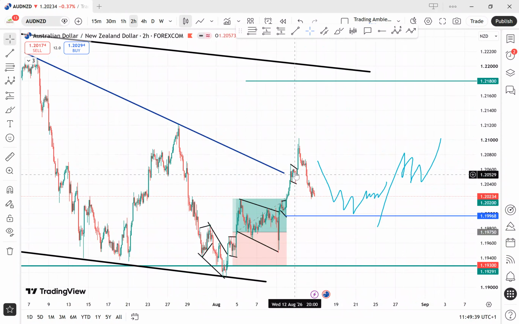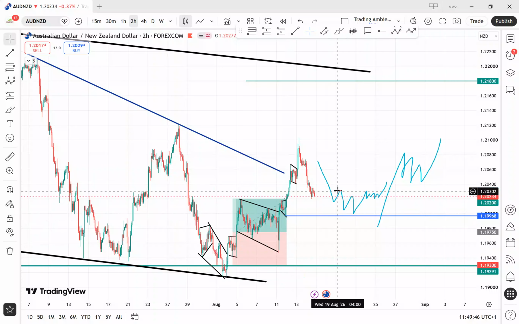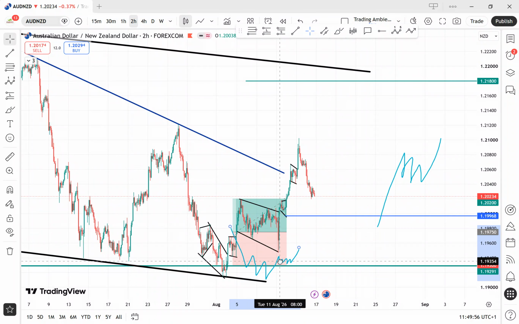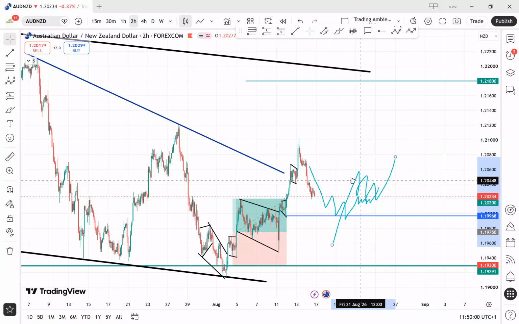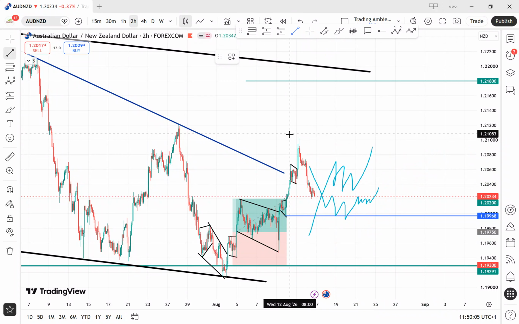So now on AUD New Zealand, I'm watching out for two scenarios. I'm watching out for the price to push lower to this mid time frame swing low, then come there with a bearish impulse, bullish reversal, then wait for a continuation structure, just like we had it here. Or a bullish continuation structure right here that will give us something like this.